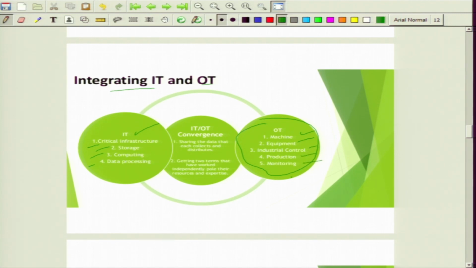These are operation technology, and IT-OT convergence suggests sharing the data that each collects and distributes, getting two teams that have worked independently to pool their resources and expertise. So, there is information on one side and there is a component on the other. So, there is interfacing of IT and OT.